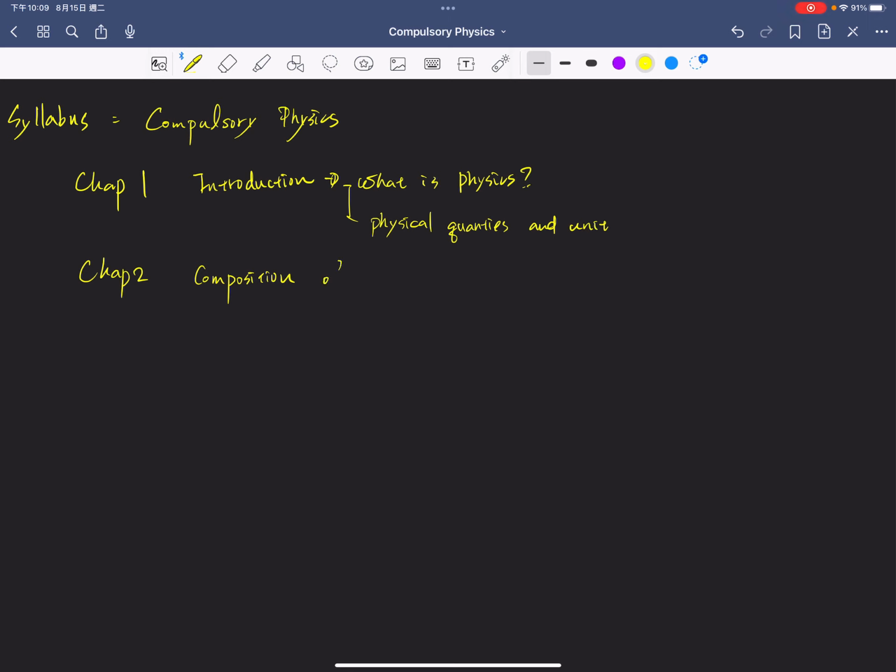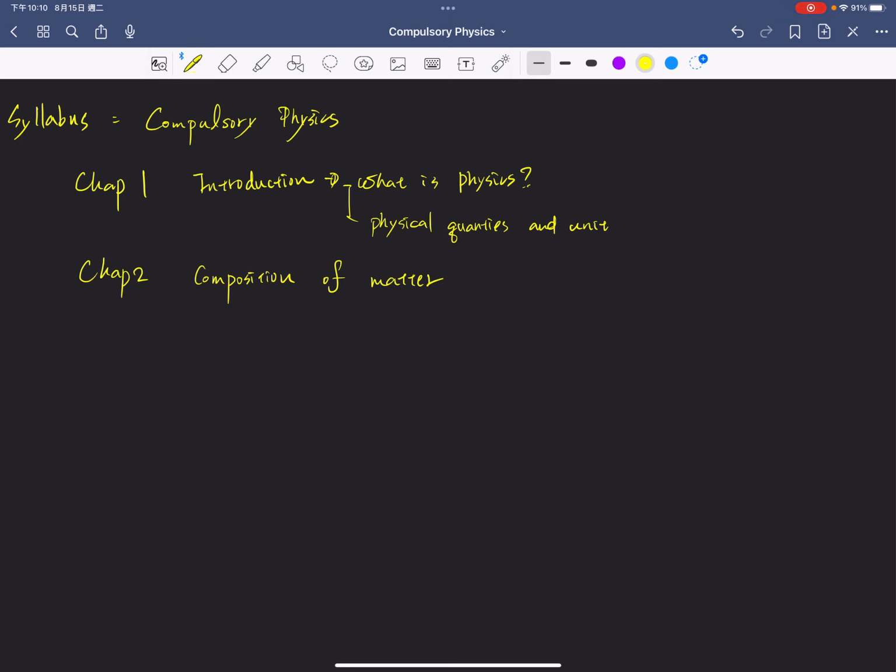compositions of matter. We all know that in nature there are lots of things, maybe volleyballs, pens, or bacteria, or maybe viruses. All these things make up nature.